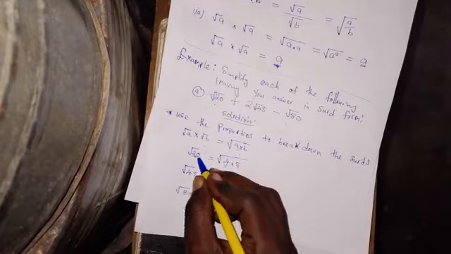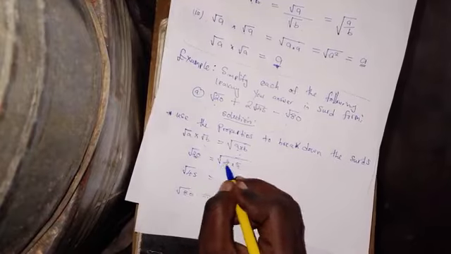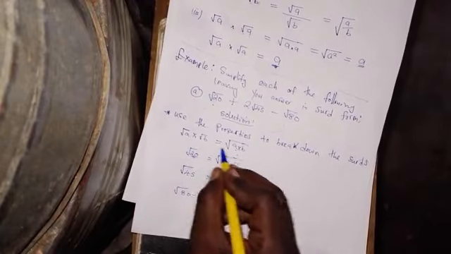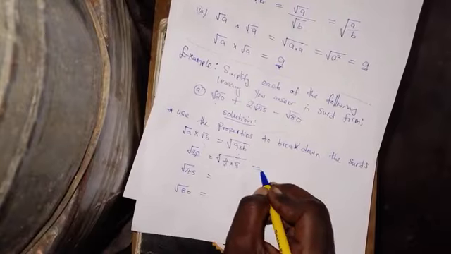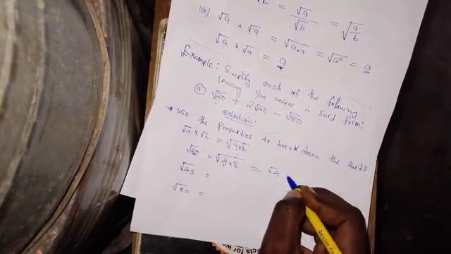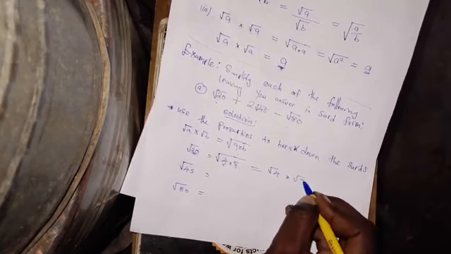So root of 20 is the same as root of 4 by 5, which, using this property, can still be root of 4 multiplied by root of 5.